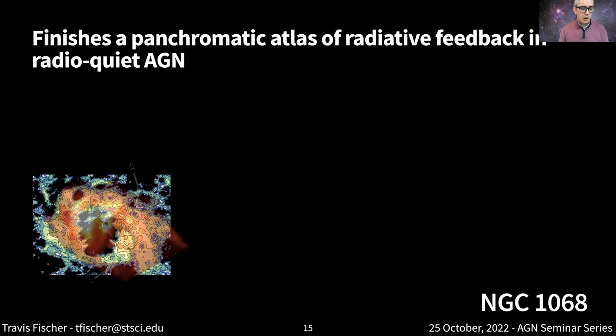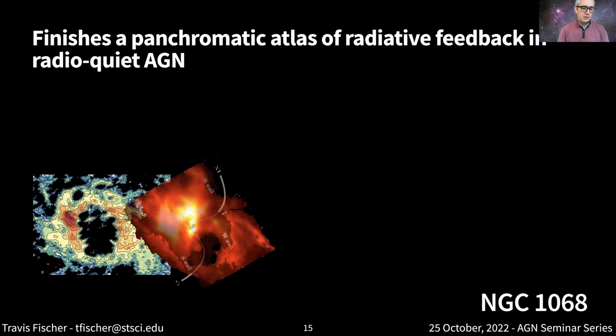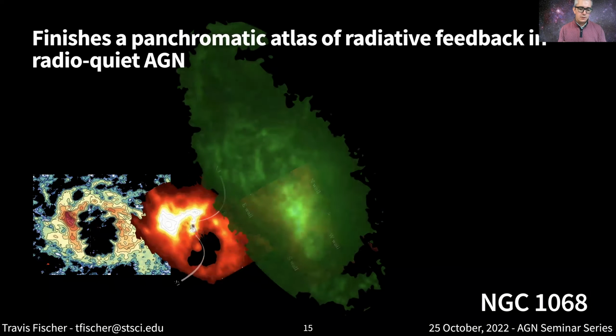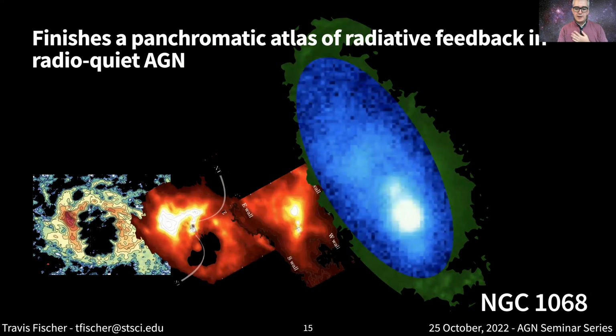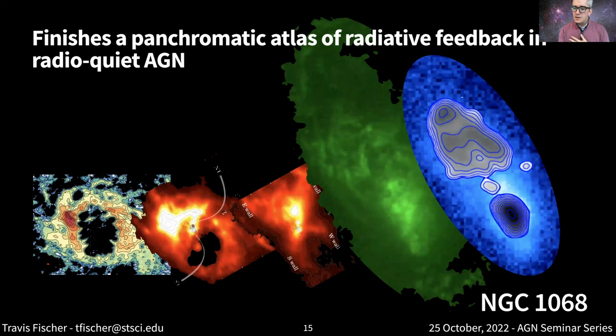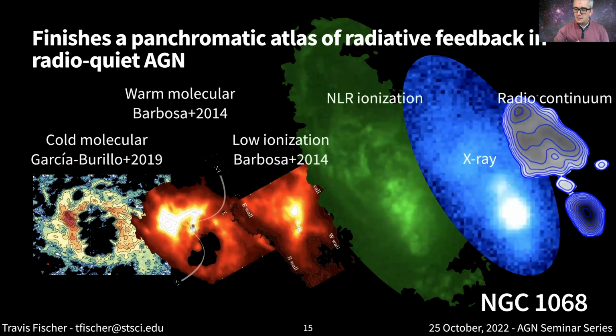If you start with ALMA observations of CO, then go to molecular hydrogen, iron 2, then O3, this is X-ray, and then the radio structure here. You're starting from the reservoir surrounding the AGN, and tracing everything as it is ignited by the AGN and driven outward until it runs into something it can't drive out anymore, creates a shock, and produces the radio structure that we see in that AGN.